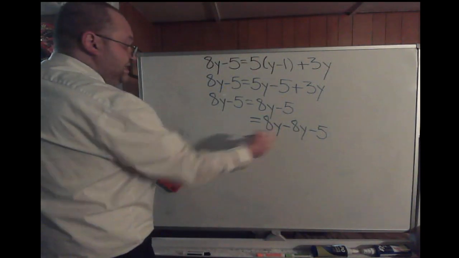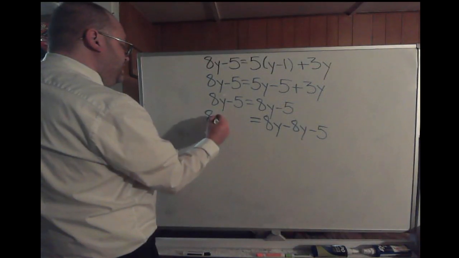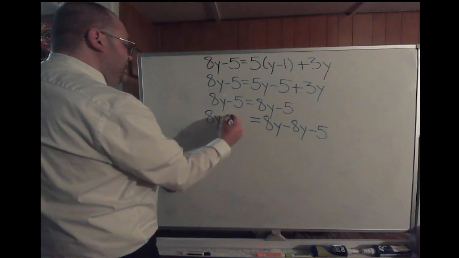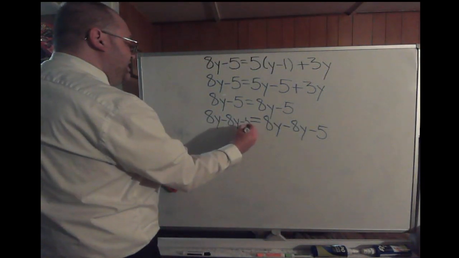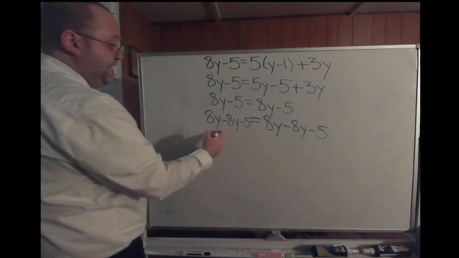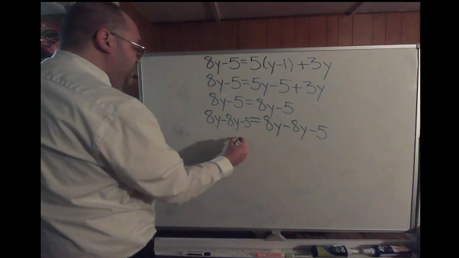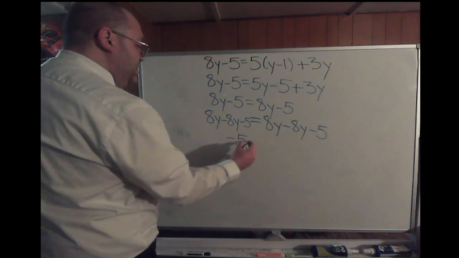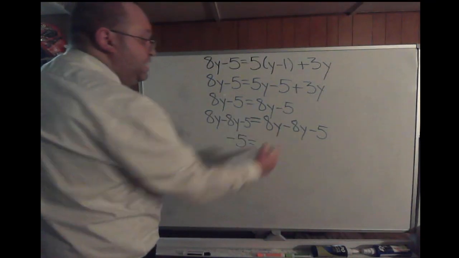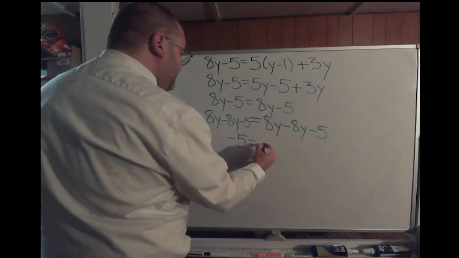What you've done to one side, you got to do to the other. You'll have 8y minus 8y, then you have that minus 5 hanging out. Well, left side, 8y minus 8y is 0. You just got negative 5 is equal to, on the right side, 8y minus 8y, that's 0. You just have negative 5.